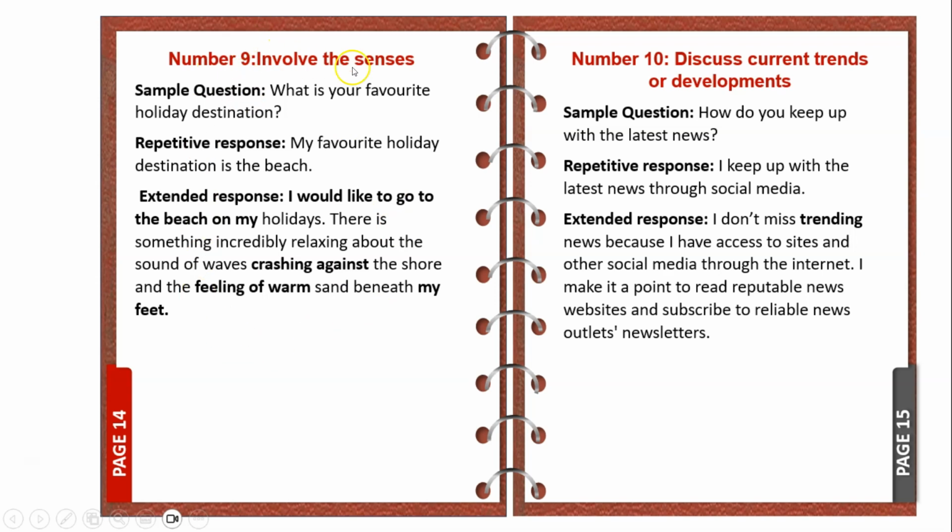In the 9th point, or the 9th way you can go about extending your answer, is to involve the senses. You can use the smell, the sight, the feel, which is on the skin, and the taste.